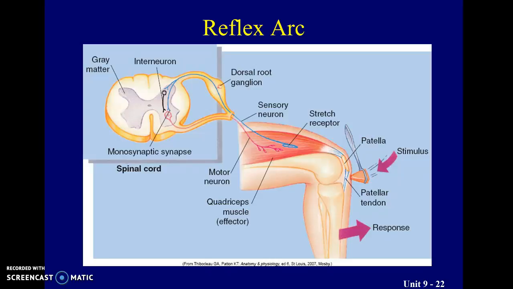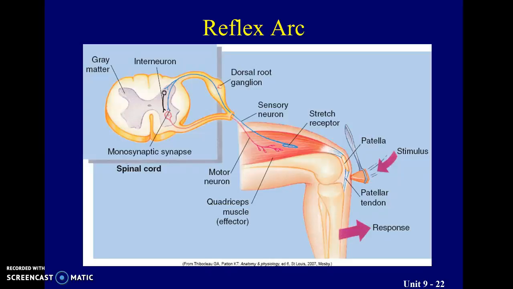Notice that those cells in the dorsal root ganglion have only one process coming off them. They are, by definition, unipolar neurons, and the one process comes off them and splits, and almost the entirety of that process is going to be an axon, save for a specialized dendritic ending, which in this particular case is the stretch receptor. Cell bodies of these sensory neurons lie in the dorsal root ganglion.